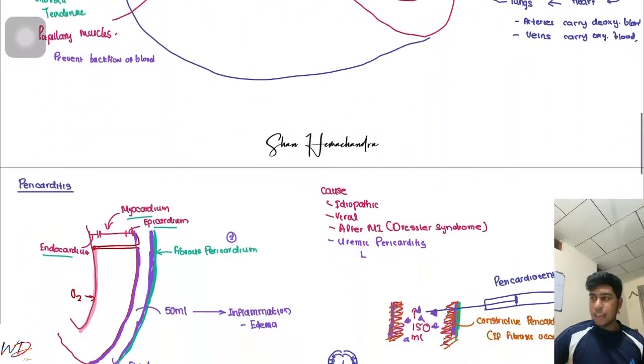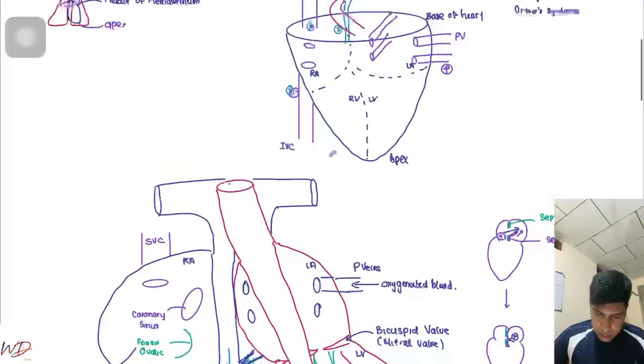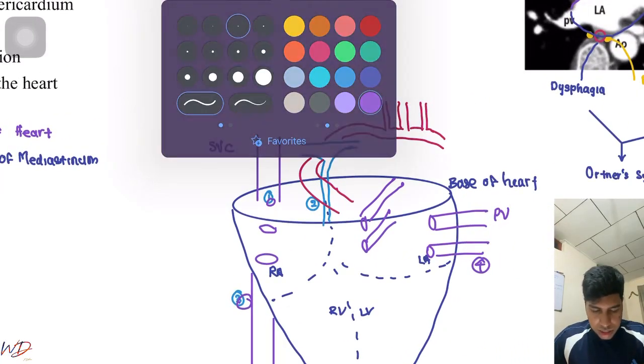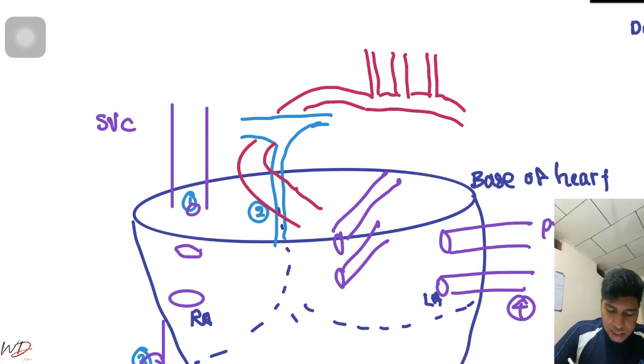There's one more thing. What happens if there's bleeding in one of these arteries during surgery? You need to be able to clamp the arteries.